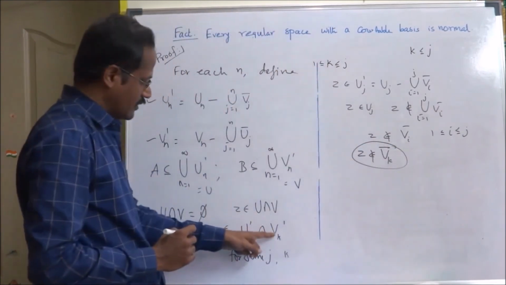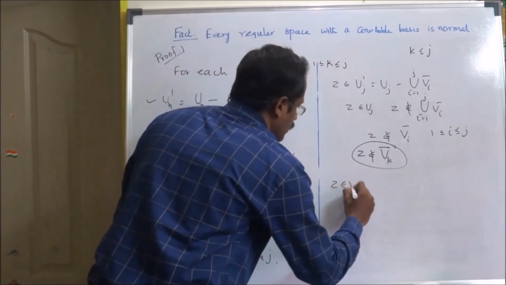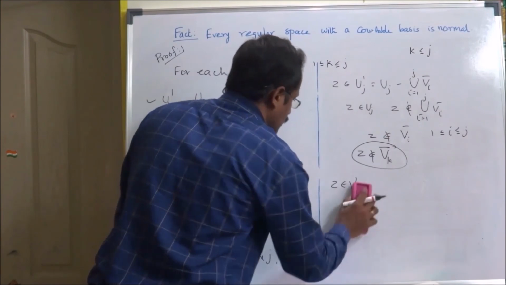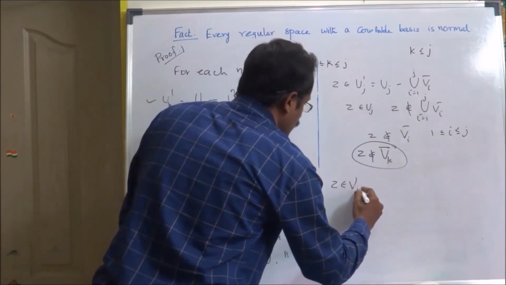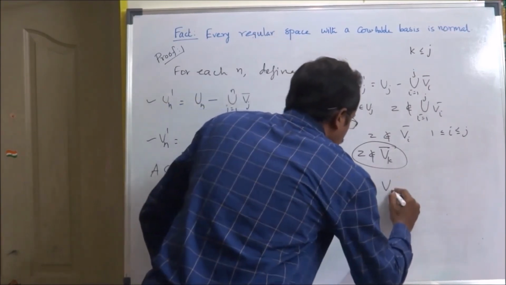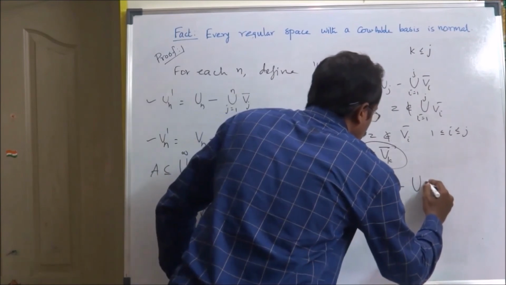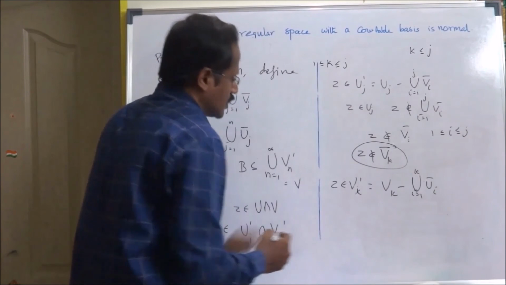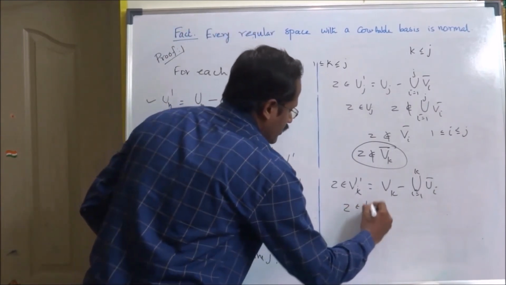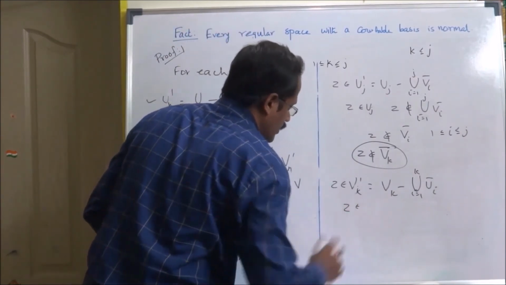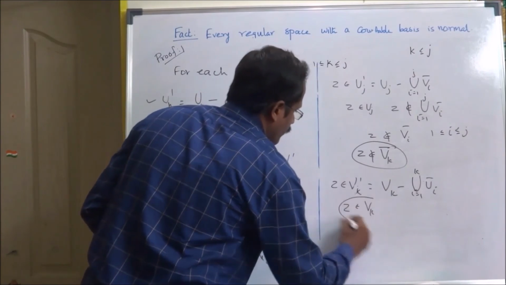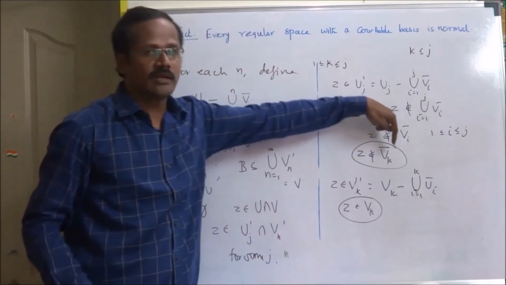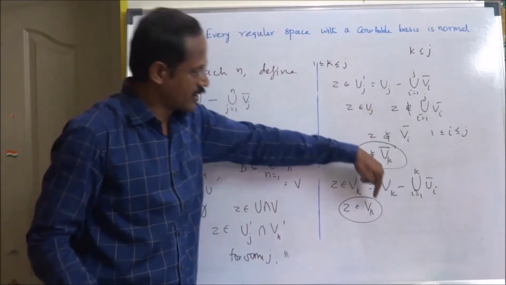Now Z is in Vk dash means that it is in Vk minus union of Ui closure, i equal to 1 to k. So that means Z is already a point of Vk. Now here Z is not in Vk closure, yet Z is a point of Vk.